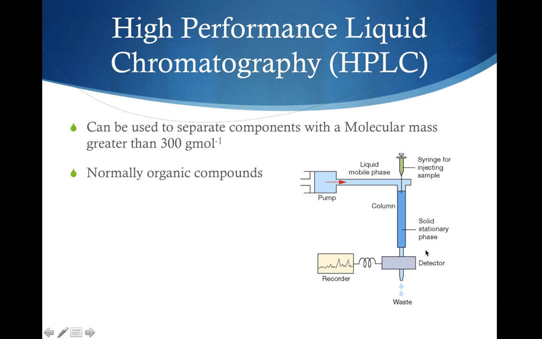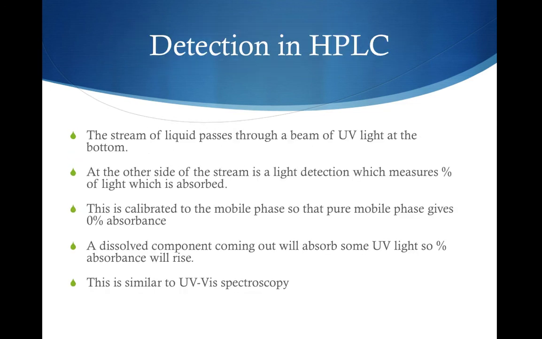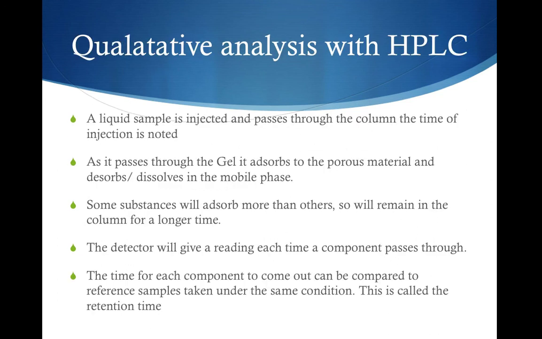Those that adsorb a lot and dissolve not too well will stay in there for a longer time. They'll pass through a beam of UV light at the moment, and that will measure how much light is absorbed. So we can figure out from the amount of light that's absorbed how much of the substance there is. We're using basically a technique at the end there which is similar to UV-vis.